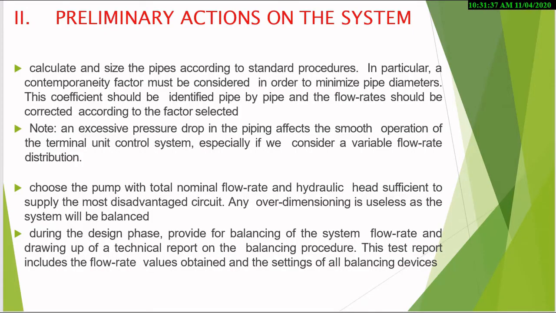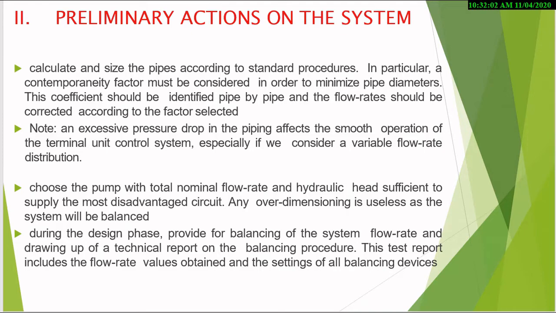Next, we need to calculate and size the pipe according to standard procedures. In particular, a contemporaneity factor must be considered in order to minimize pipe diameters. This coefficient should be identified pipe by pipe, and flow rates should be corrected according to the factor selected.